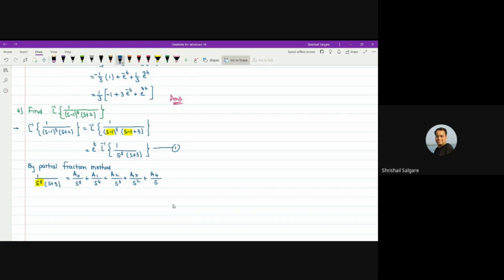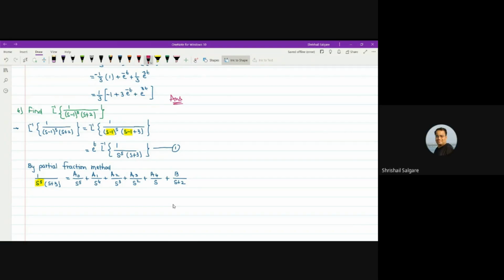Means we have started with 1 upon s raised to 5 into s, and plus for the remaining it is a linear factor, we may write it as b upon s plus 3.